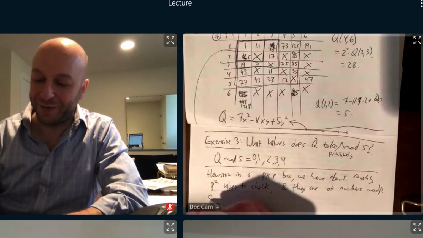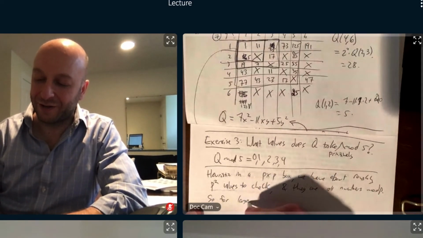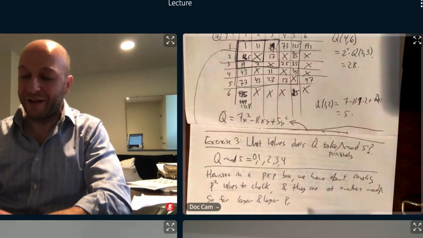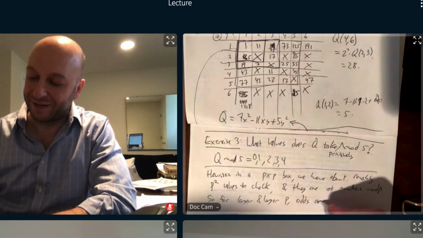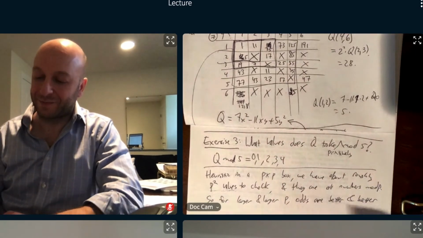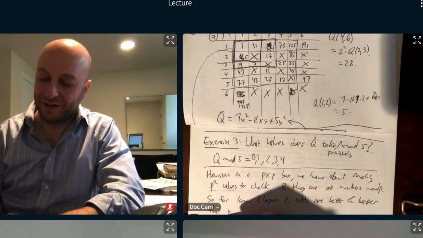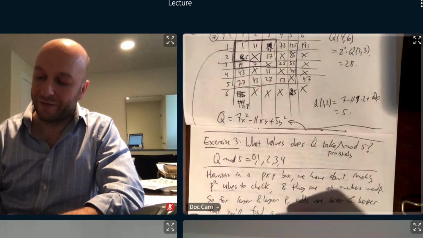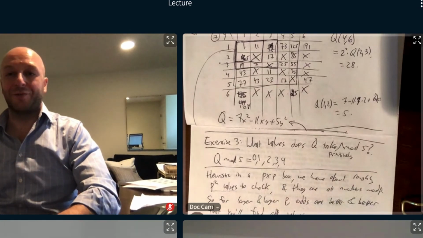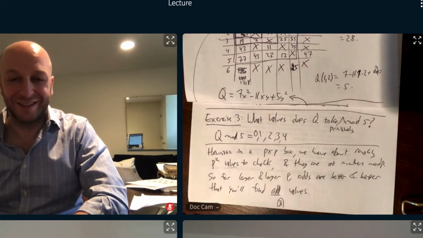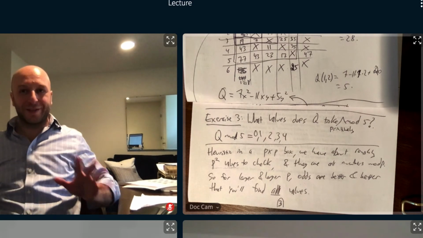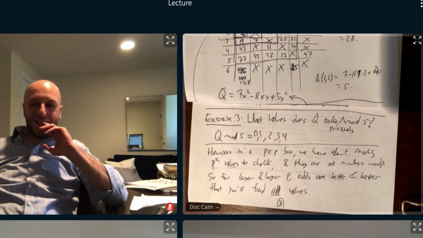So for larger and larger P, the odds are getting better and better that you'll find all values. Now that's just a very rough heuristic, and we don't know if that's true. All right, we're still just experimenting. We're trying to figure out what's going on.